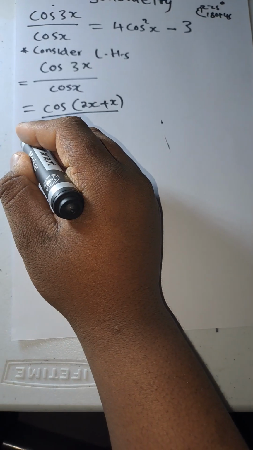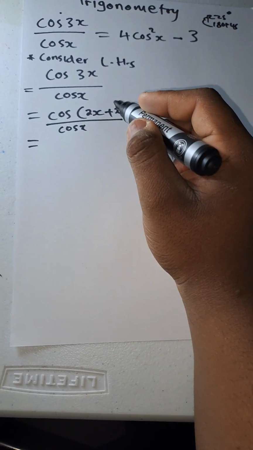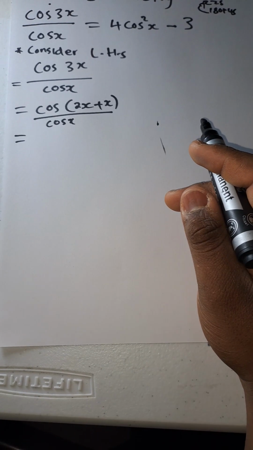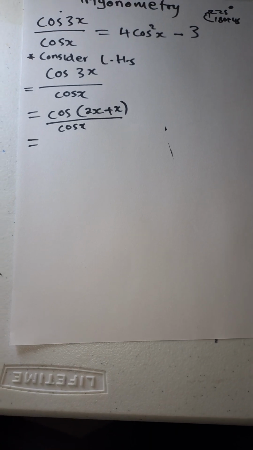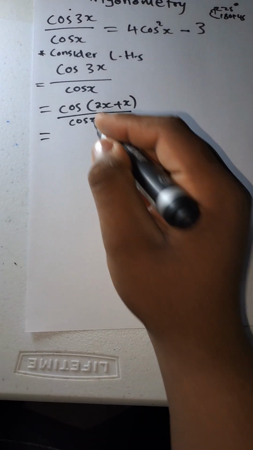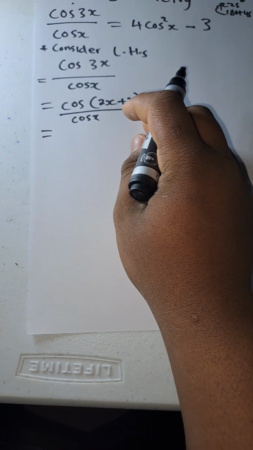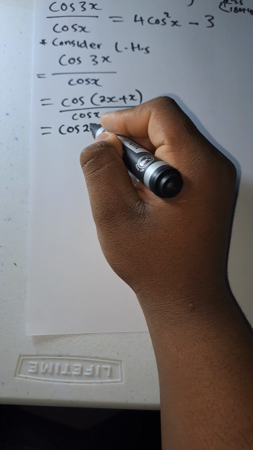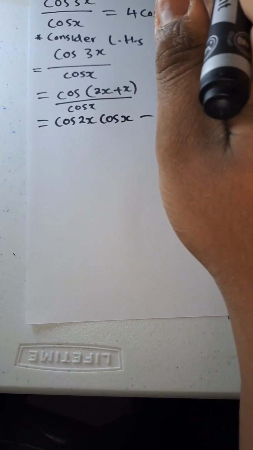Then I'm gonna continue. Now since you have cos of 2x plus x, I can see that this is just my compound angle formula. So it means I'm gonna expand this and open it up. Since it is cos, it's gonna be cos 2x cos x, minus.